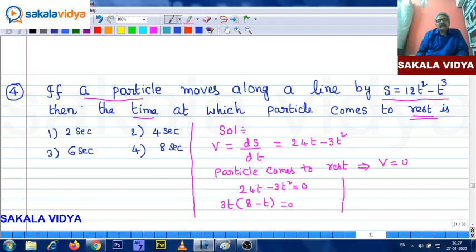Here we get two equations, 3t equals 0 and 8 minus t equals 0. So t is equal to 0 seconds, or t is equal to 8. If you put t equal to 0, displacement is 0, so that means it has not yet started, that is the rest position, so we need to ignore it. After travelling 8 seconds, the particle comes to rest. So the fourth option is the right option.